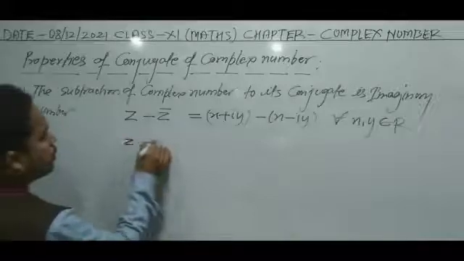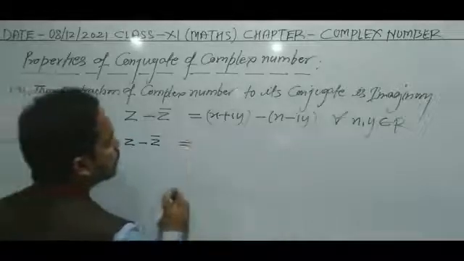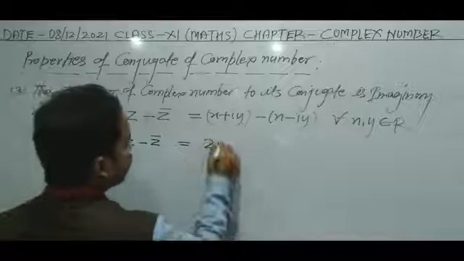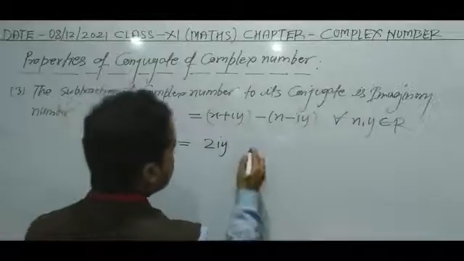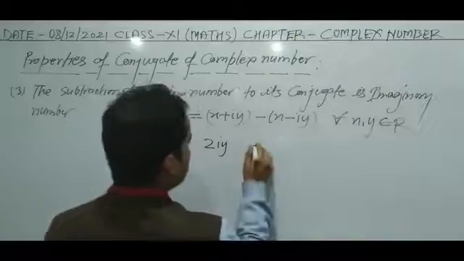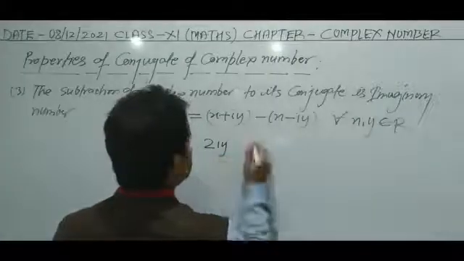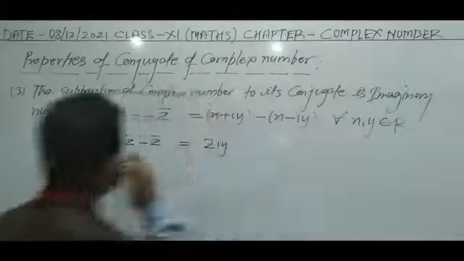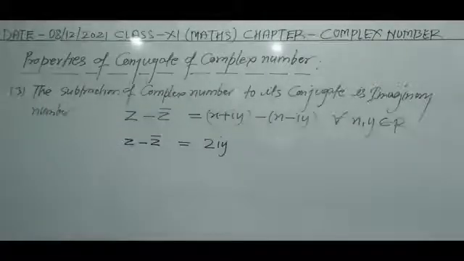Now its result will be z minus z bar is equal to 2 times iy, and this is the imaginary part.